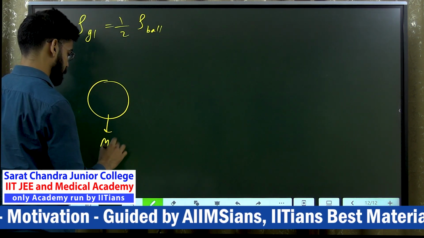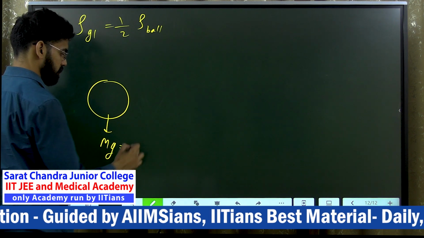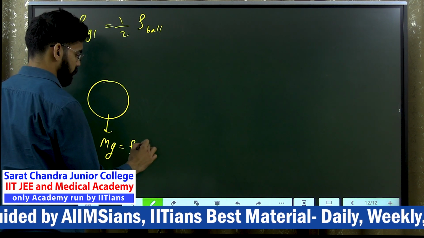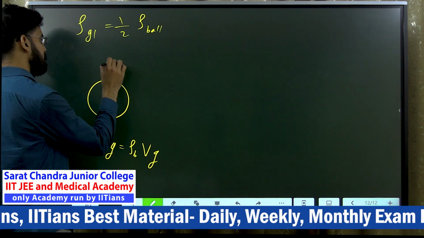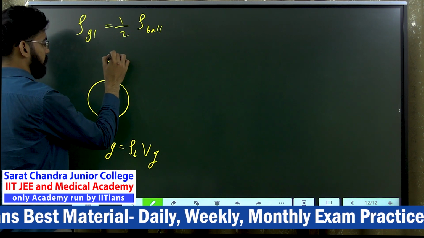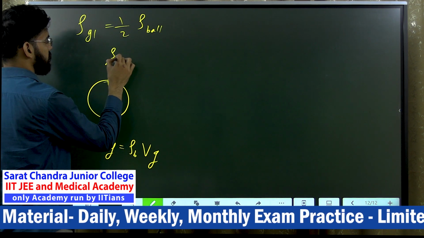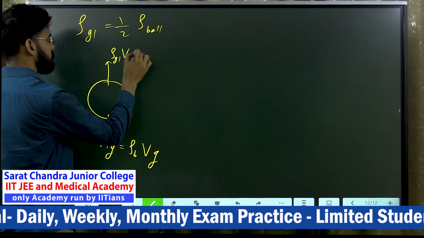Viscous force acting on the ball will be, so on the ball there is an mg. This mg you can write as density of the ball into volume into g also, right? And there will be a buoyancy. Buoyancy will be how much? Buoyancy you can write down density of the glycerine into volume into g.